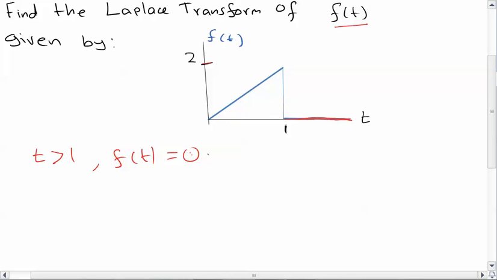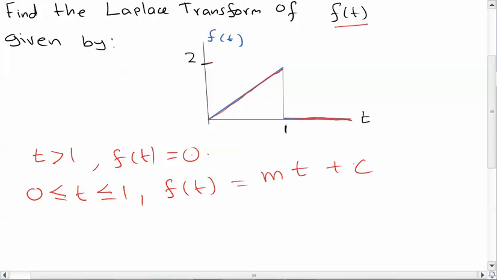And then we need to figure out exactly what is f(t) when the time is between 0 and 1. We can see from the graph that it has a linear form for the first unit of time. So I can write it down in terms of a straight line equation: the slope times t plus the y-intercept.